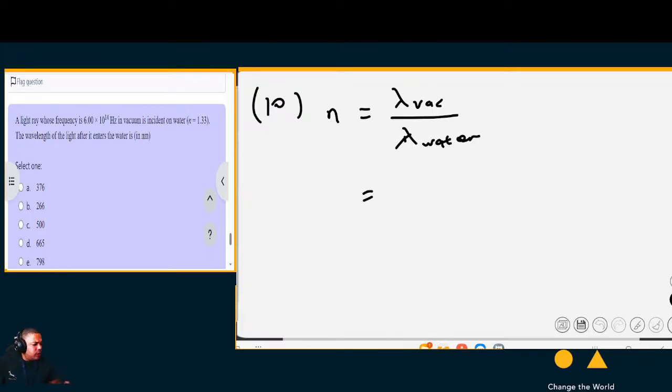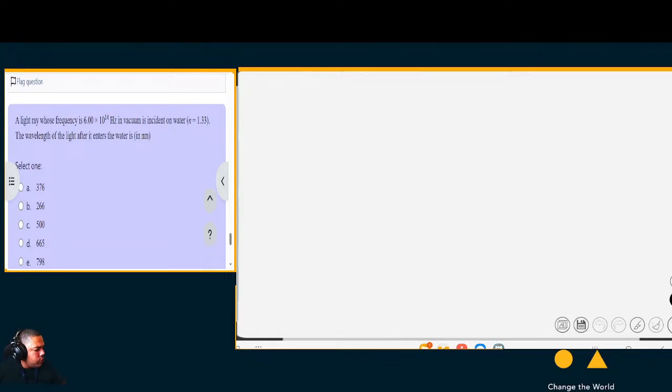Remember, refractive index is defined as, let me just derive it for you, show you how it's done. n is equal to the speed of light in a vacuum divided by the speed of light in the water.